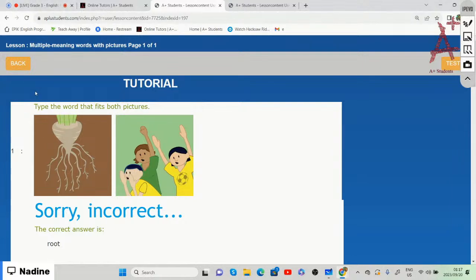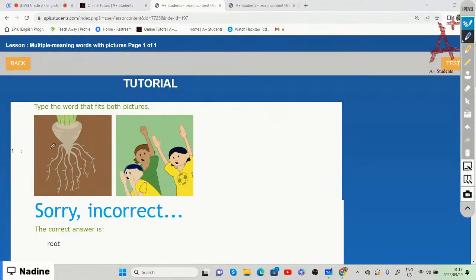And what do we call that? So this is basically the root. So this is a root, right? Or roots.